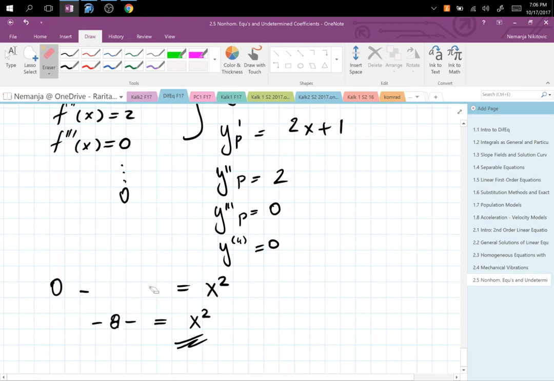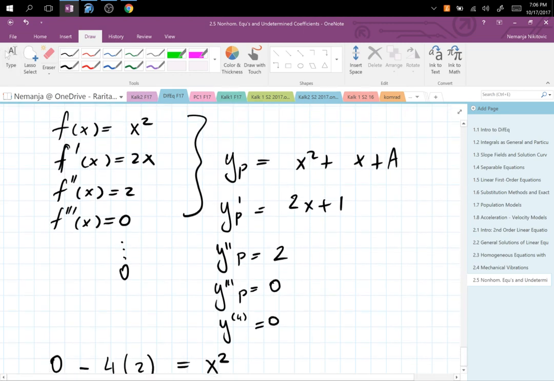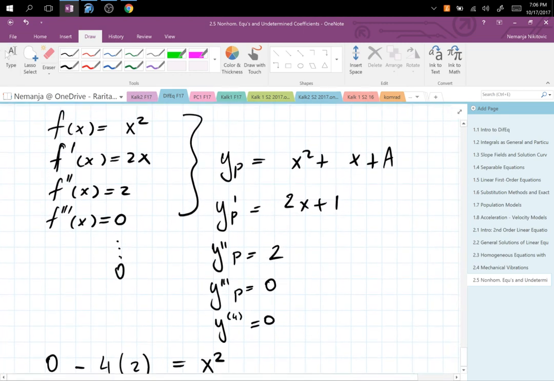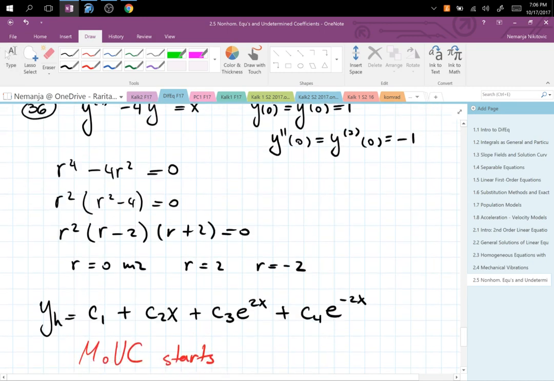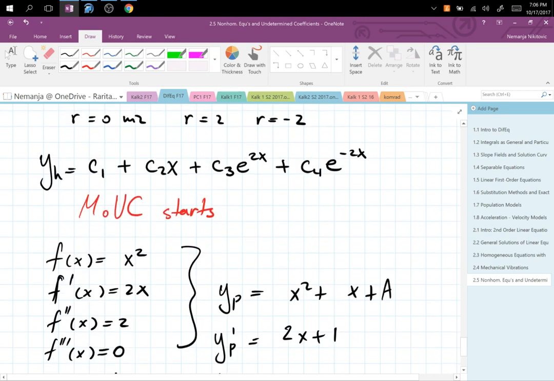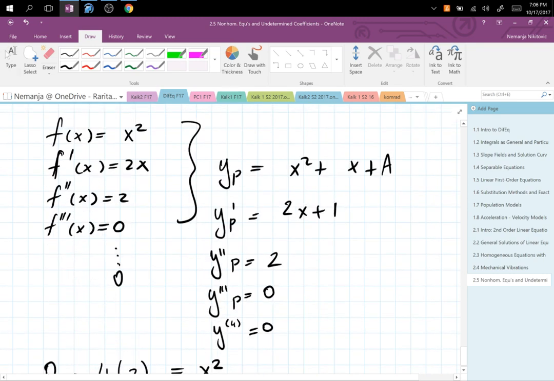So now, when you plug that in, you have 4 times 2. Wait, isn't that supposed to be 2x? Something is wrong.